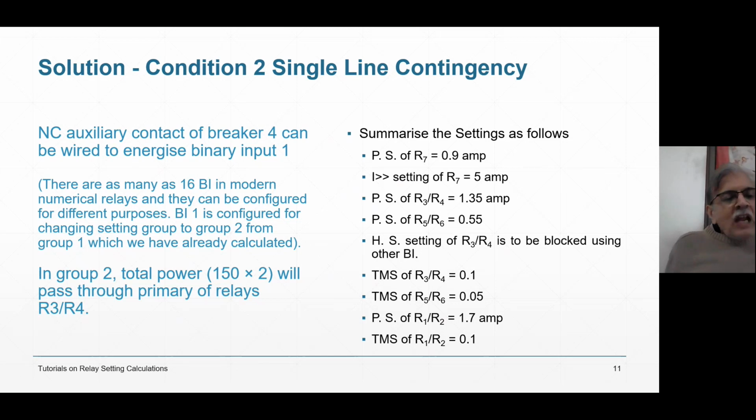I can wire it to energize binary input 1 and configure binary input 1 to change the group from 1 to 2. So when the line trips, automatically the relay will go from group number 1 to group number 2. But group number 2 settings you will have to decide, calculate, and feed into the relay.